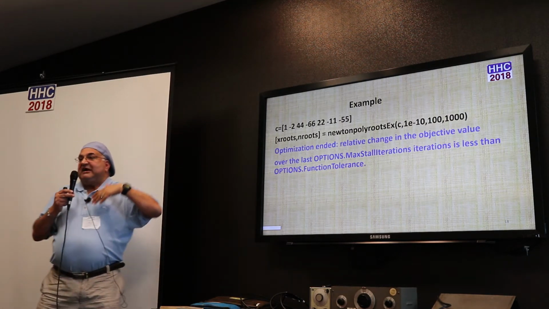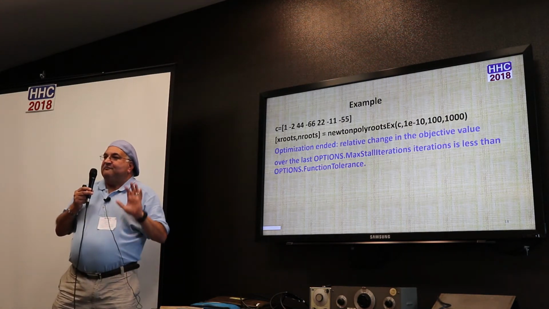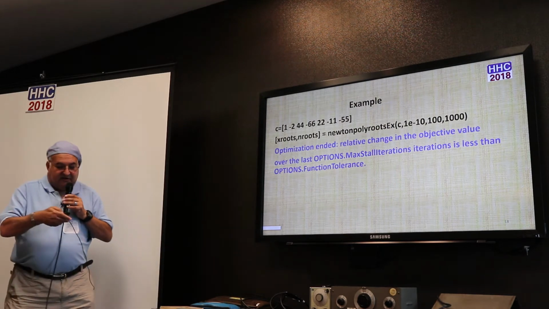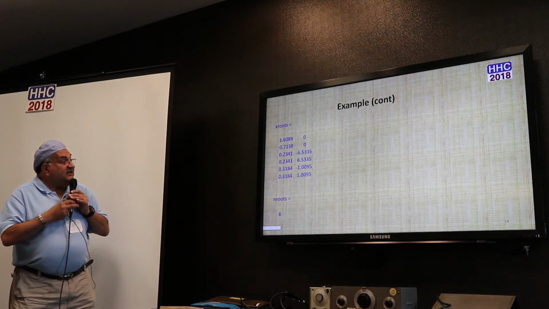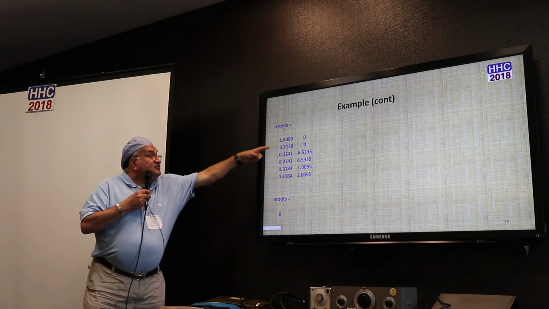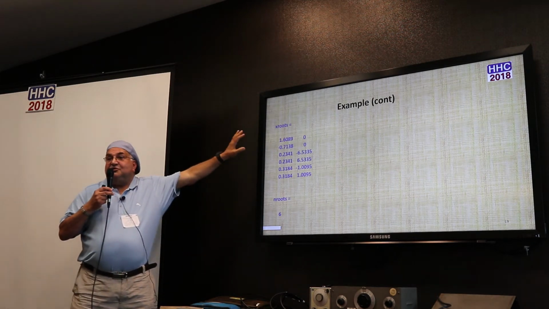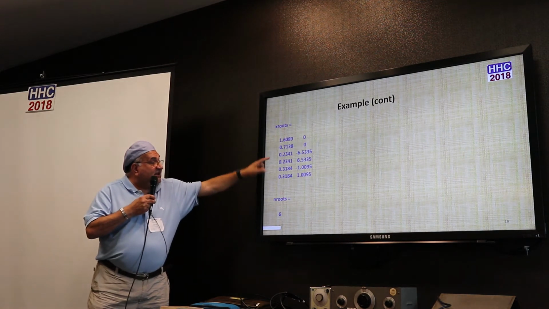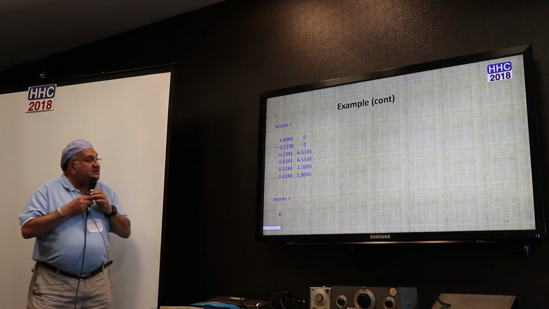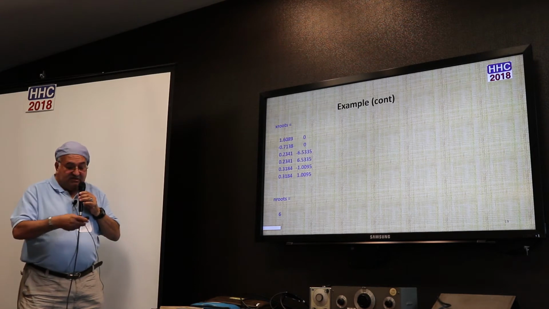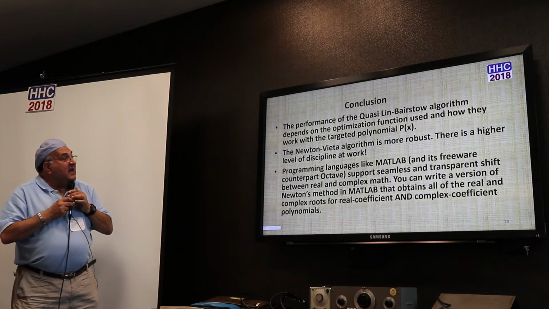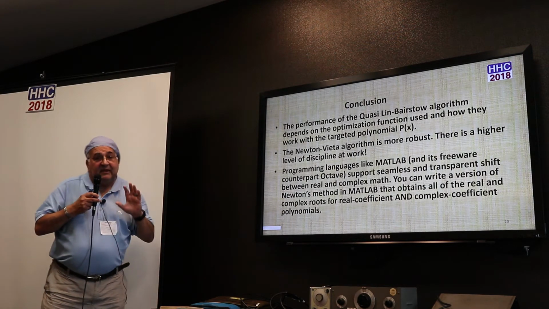I don't need a maximum retry because I've preconditioned the polynomial for stage 2 in a very good manner. And here's the example. As you can see, the first two roots are the real roots that Newton has obtained, and then the second phase gives me the two sets of complex conjugate roots, and it's basically the same answer.